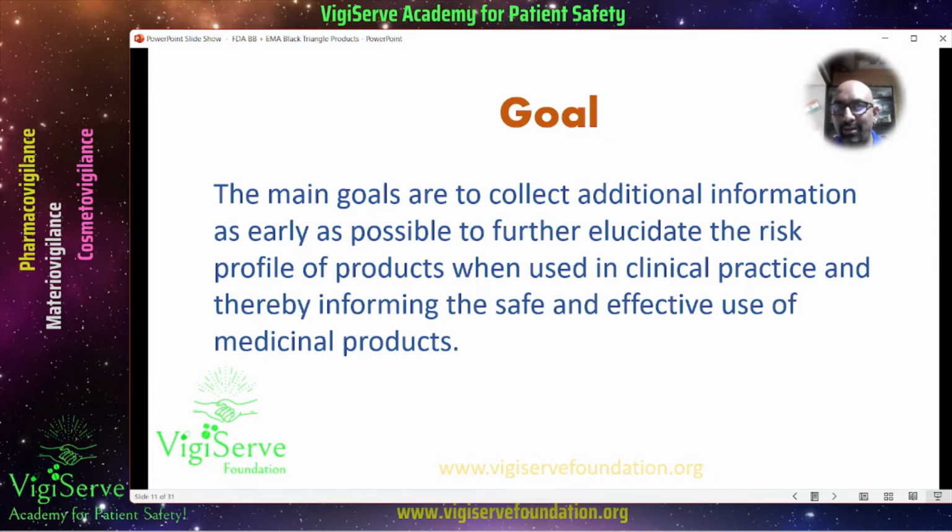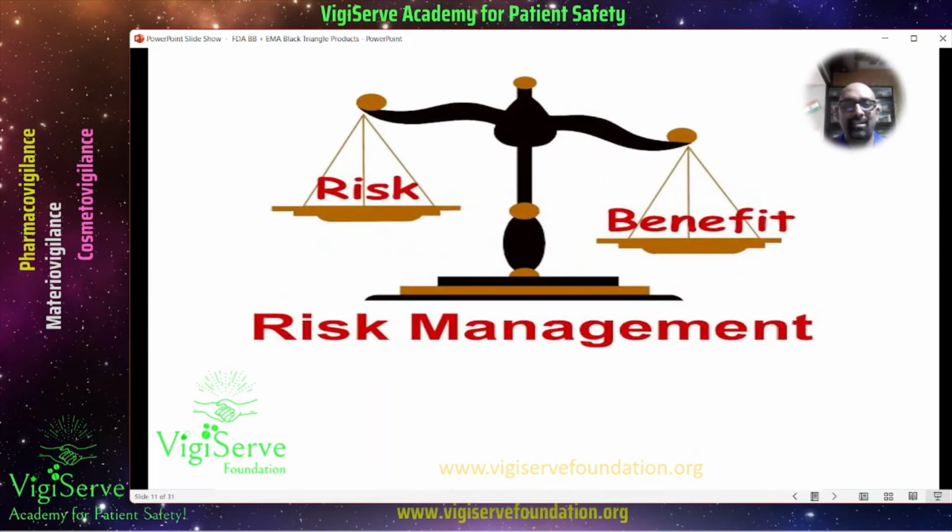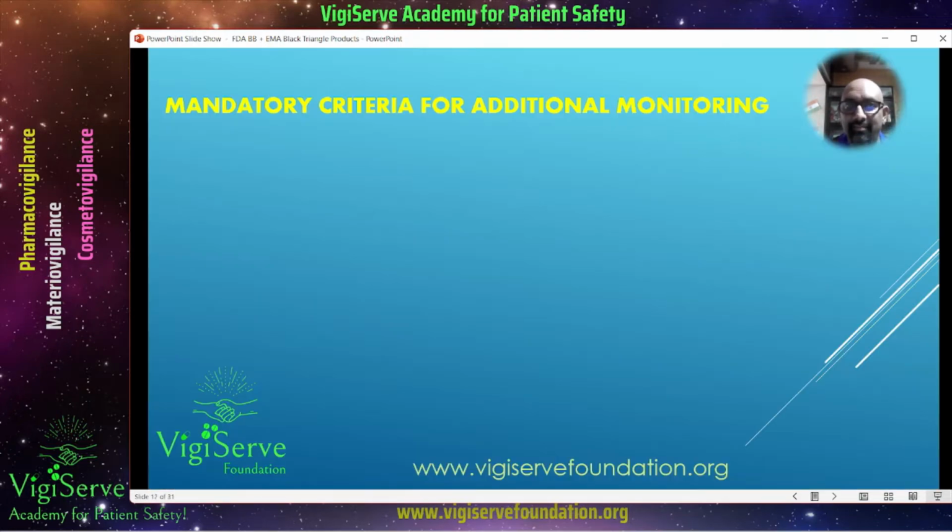The ultimate goal of this is to collect additional information as early as possible to further elucidate the risk and to ensure safe and effective use of the medicinal product. So that is the main reason why we have this. It's all about benefit-risk, right? So benefit should be more than risk.